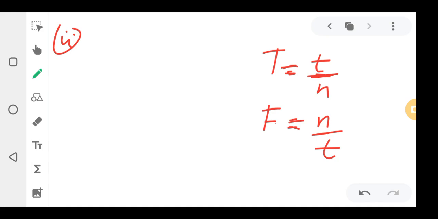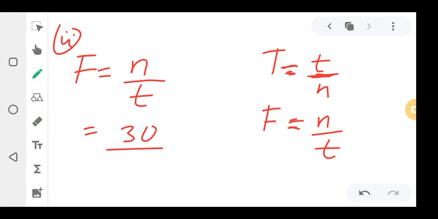So frequency is equal to number of tens divided by period. You swap these. N goes on top, t comes down. N is the number of tens, which according to the question was 30, and the time was 6.